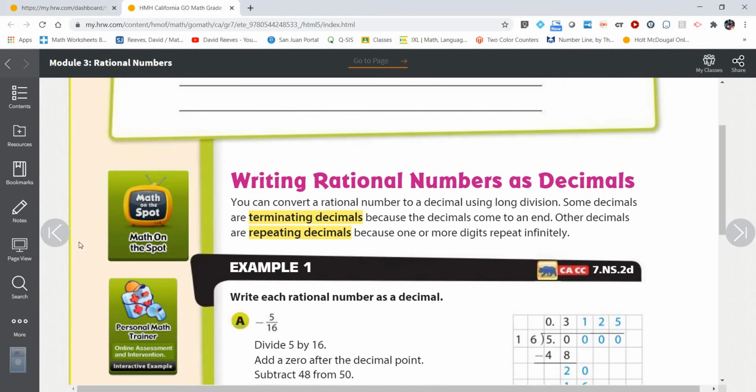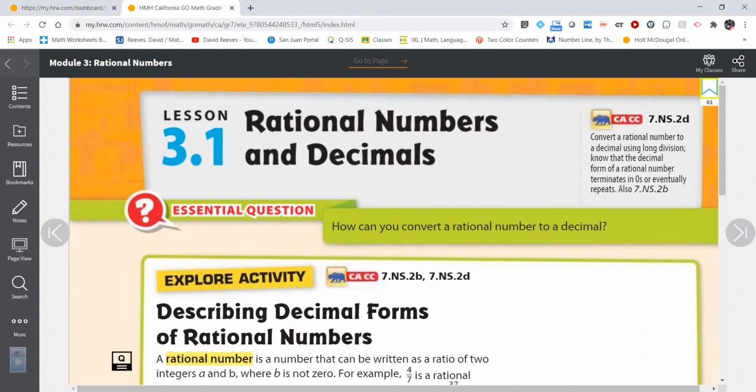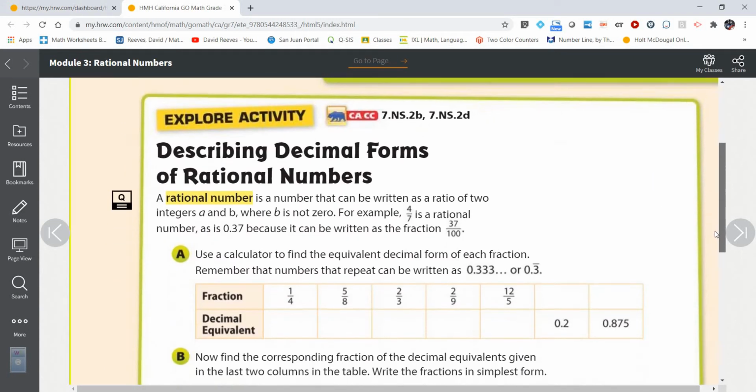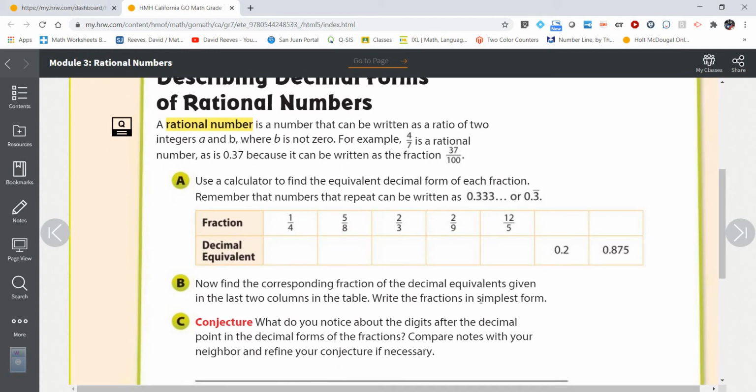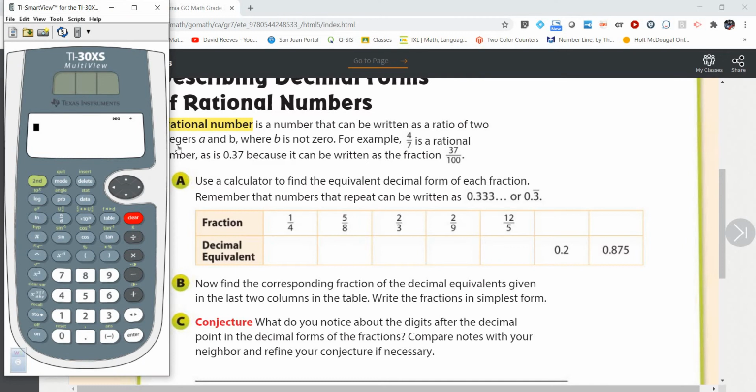All right, so one of the things that you are going to really want to have for this lesson is a calculator, okay? So if you don't have a calculator, of course, you can use your phone, or you can use an online calculator. There are many calculator apps available for you to choose from.